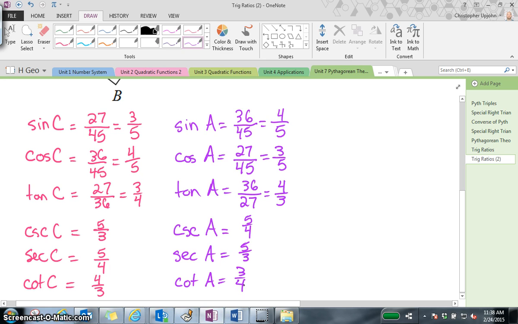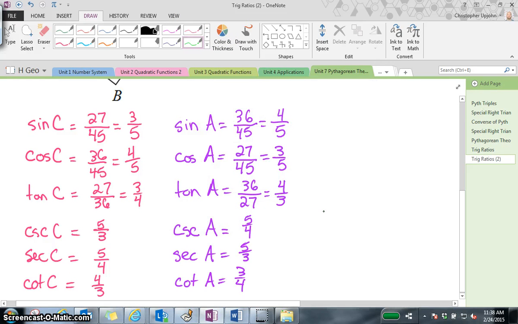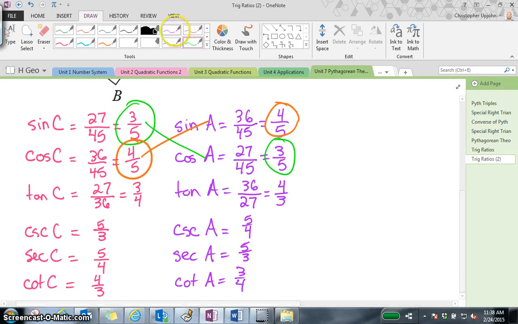So we have all 6 trig functions of both. We have 12 problems here that we just did. Now, I want to look at the patterns. What is the same as 3 over 5? Cosine of A. What is the same as 4 over 5? So we have these crisscross applesauce relationships. What else is the same?